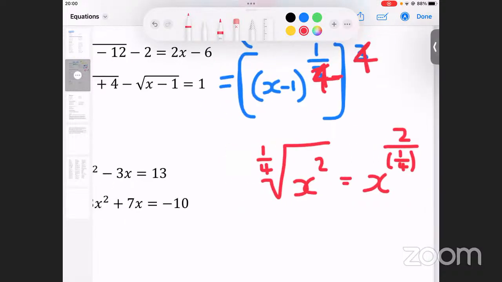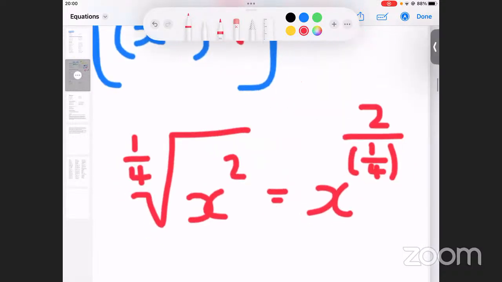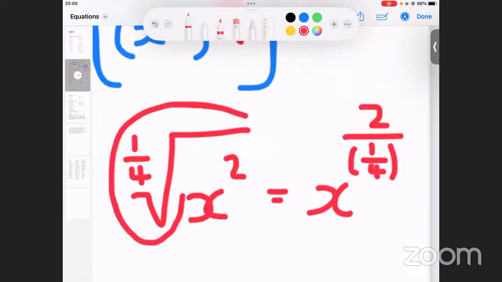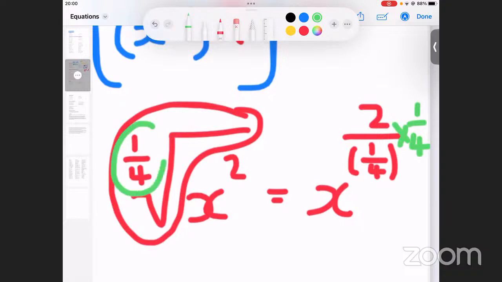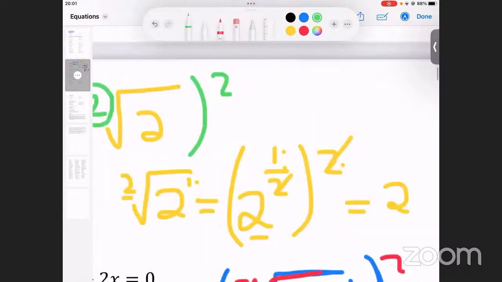So now to remove, if you had to remove this thing, can you see it forces you to multiply by 1 over 4. So that means you just multiply by whatever that is. That's how you remove it, because that 1 over 4 will cancel with that 1 over 4, and then you just have that.